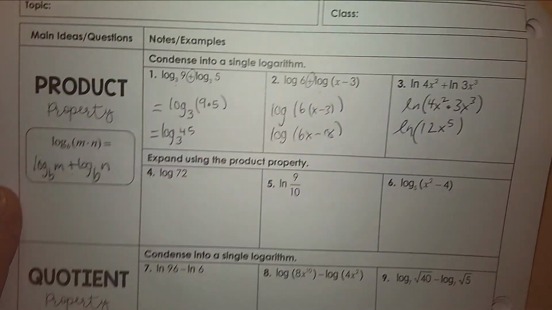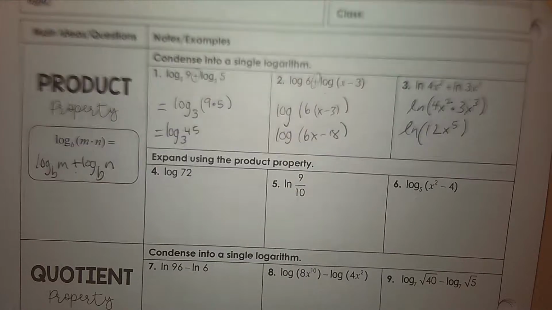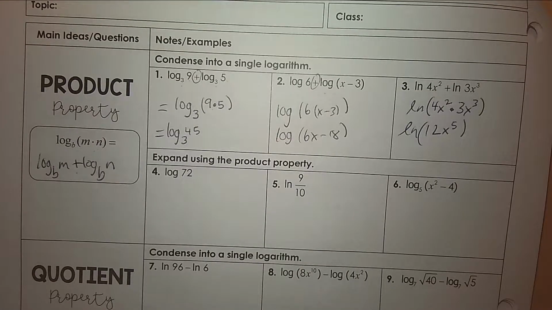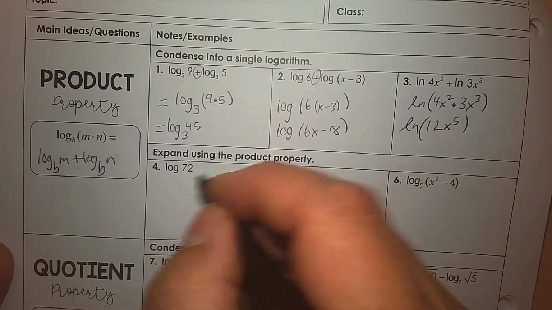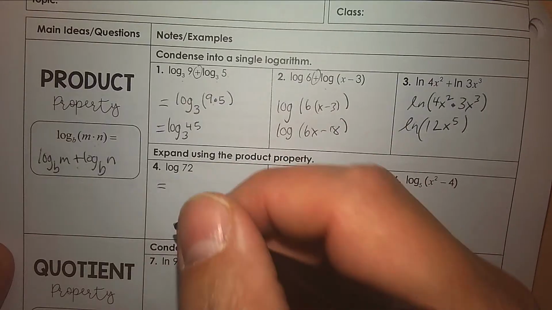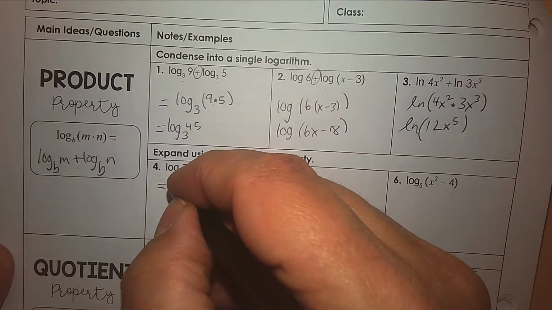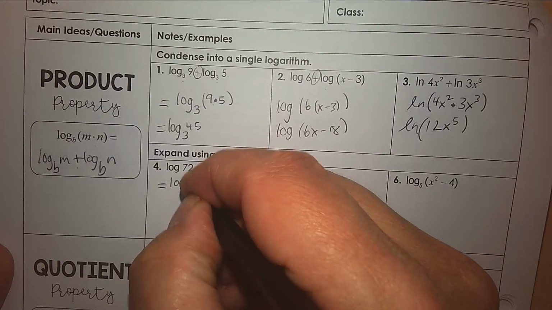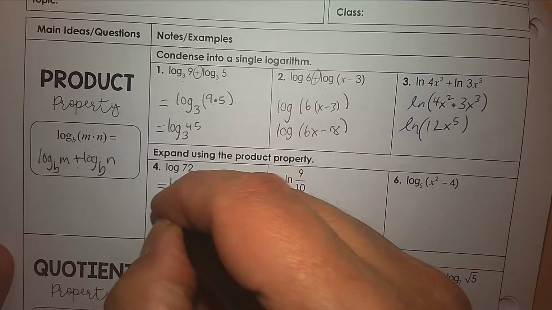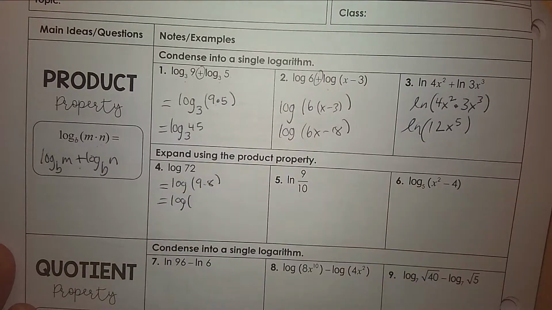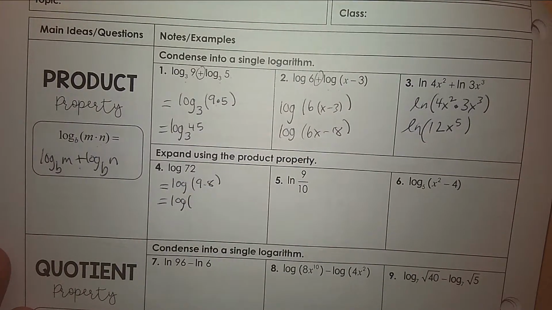How about the other direction? If I want to expand a logarithm, what could I do? So for 72, if I want to expand it, can you think of 2 numbers that multiply to 72? 9 and 8? Break that down. What's 2 numbers that multiply to 9?